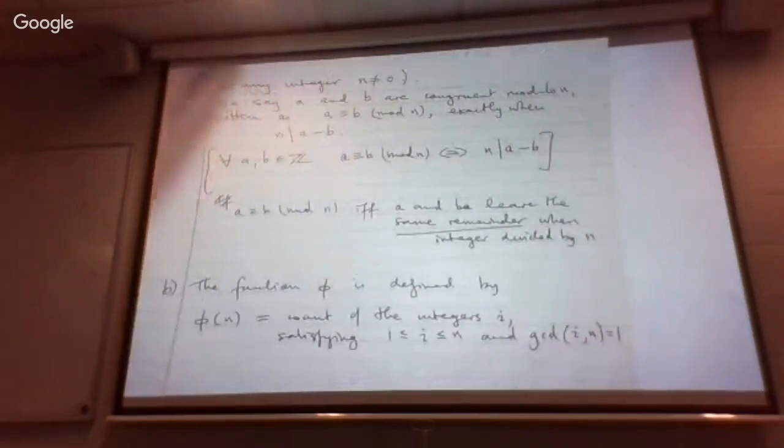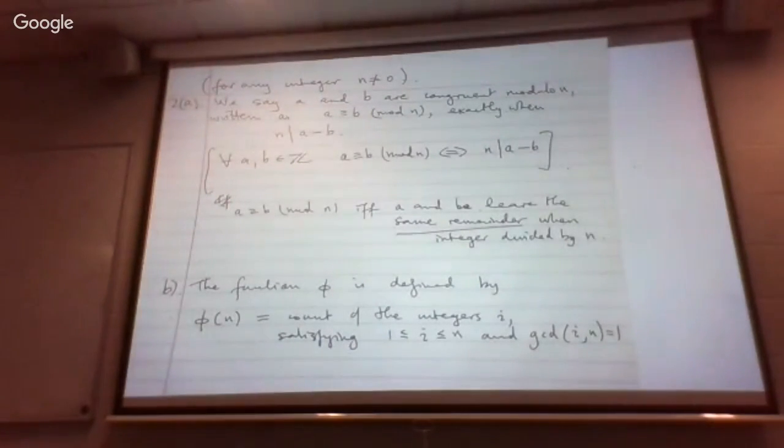So it's the count of all the numbers up to n that are co-prime to n. And there's 8 marks going for this part.